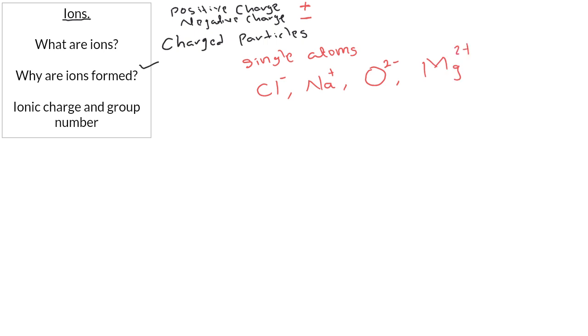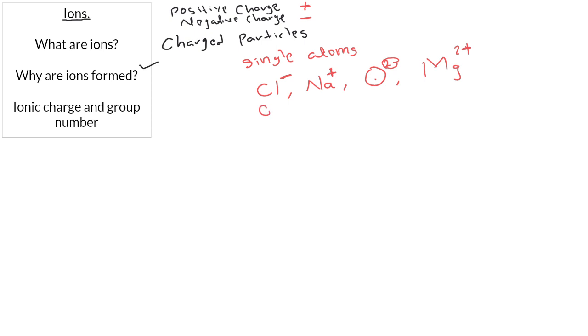All of these are single atoms because each is just one element. The negative charge here is just for chlorine, the positive charge belongs to sodium, the negative 2 belongs to oxygen, and the positive 2 belongs to magnesium.